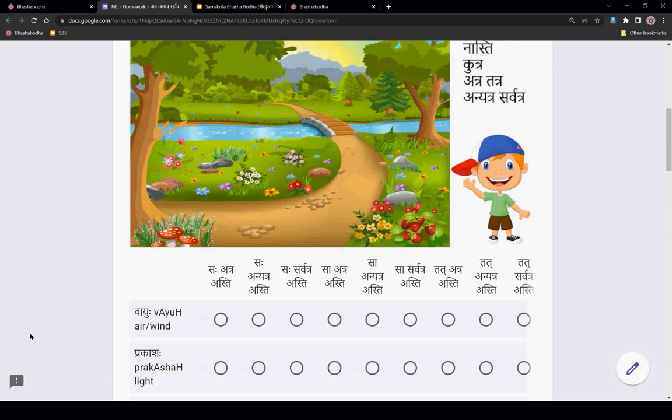So we get familiar with the forms of the words, the vocabulary, and then we suddenly start forming sentences. Yes, we are all enthusiastic about using Sanskritam and start forming sentences, but what happens is, because we are used to other languages, because our native languages are different.